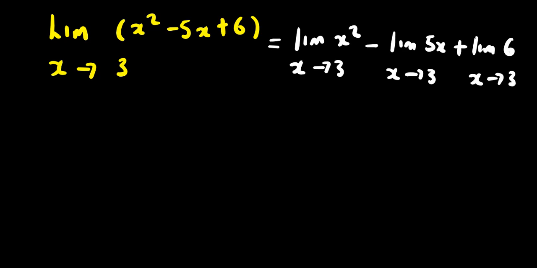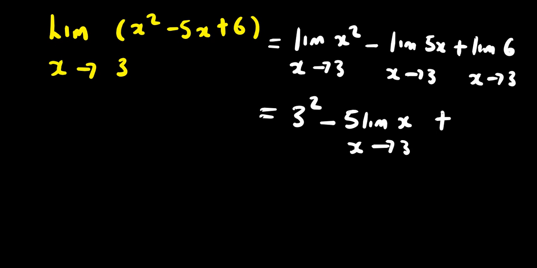So now how are we going to solve that? This is a constant, this is a variable, so we're going to replace that variable with 3. So we're going to have 3 squared, and we have a minus here. Now we have a 5, so we can bring the 5 here. So we're going to have 5 times the limit of x as x is approaching 3, plus the limit of a constant, which is just 6.